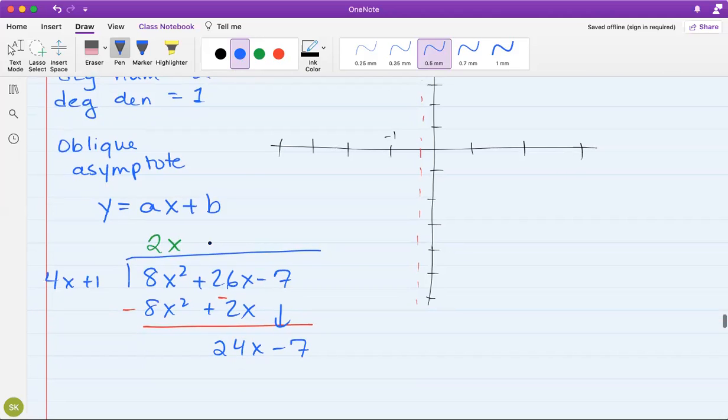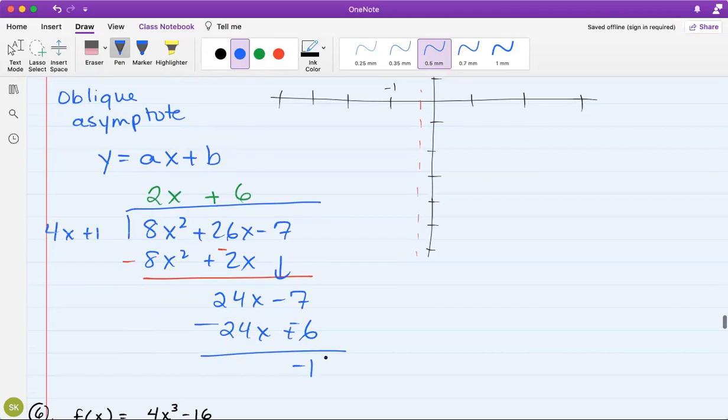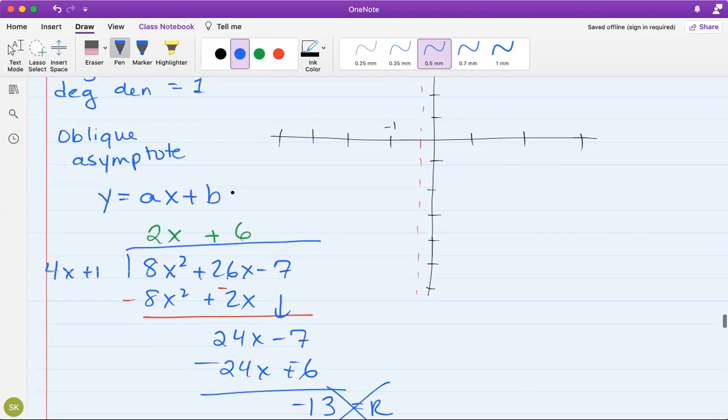Then we ask ourselves what we need to multiply 4x by to get 24x, which is 6. So 6 times 4x is 24x. Then we get plus 6, subtract, and that, I think, is negative 13. This is your remainder here, but this remainder doesn't matter when we're talking about oblique asymptotes. The a is 2 and the b is 6.